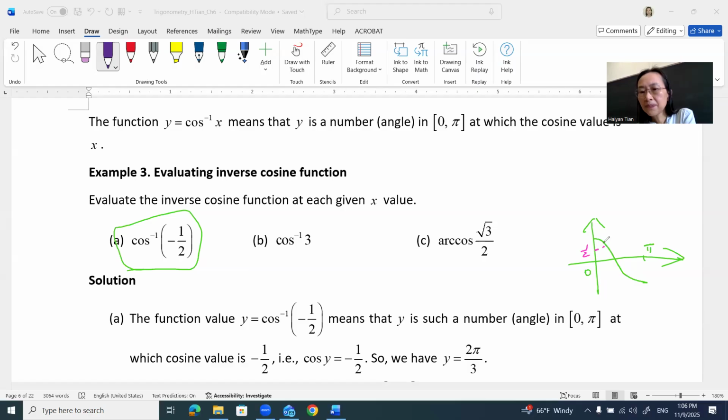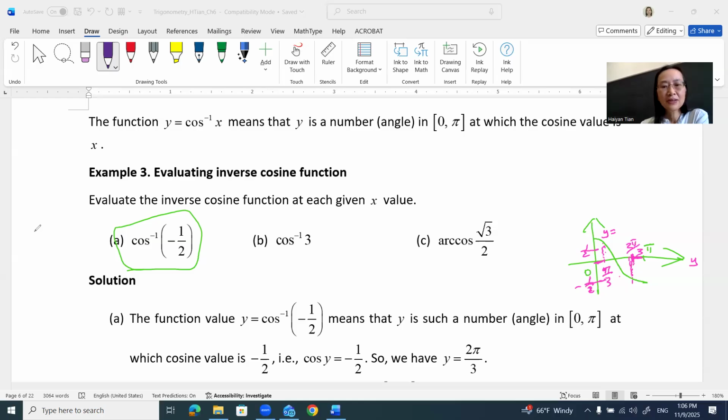That y value is pi over 3. But this portion, pi minus pi over 3, so 2 pi over 3, corresponds to the negative half.